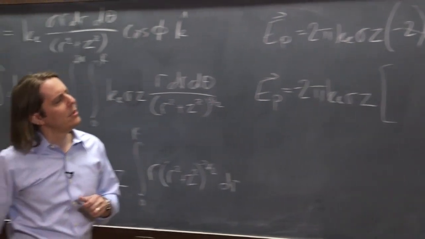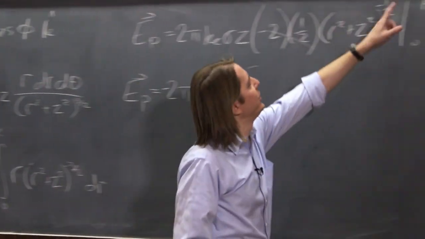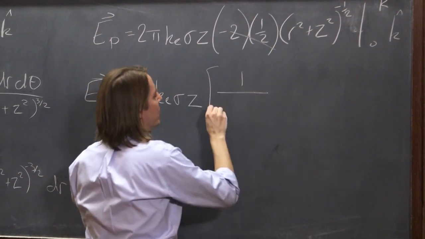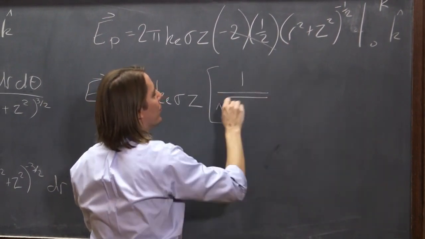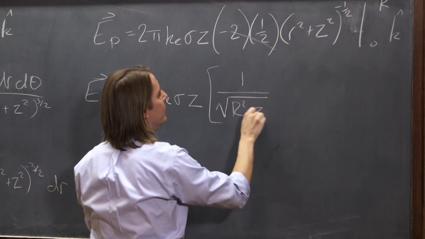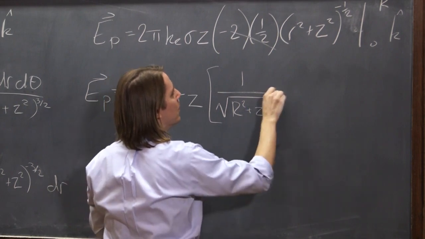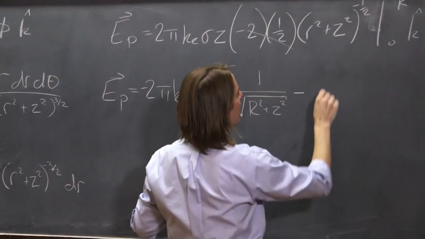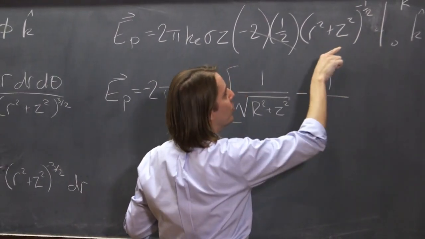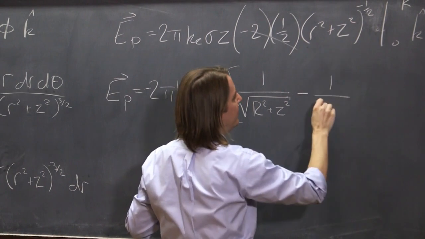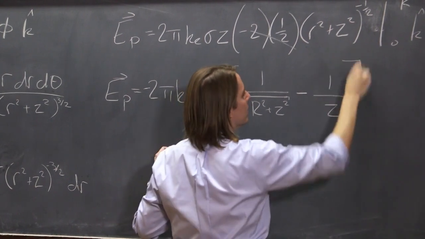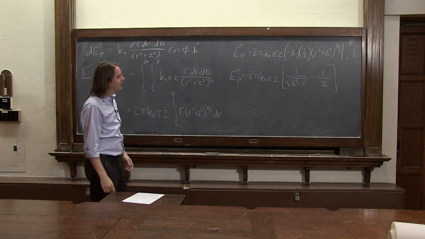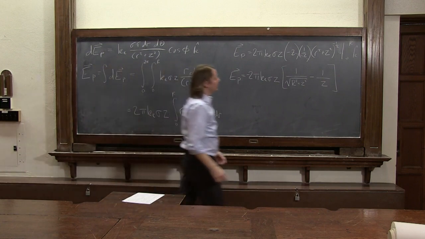And now we plug in big R into the little r. So that becomes 1. I'll go back to quotients now. 1 over the square root of big R squared plus z squared, minus, and now we plug in the 0 for the r, minus 1 over the square root of 0 plus z squared. Oh, that's just z. Once the r goes away, it's just the square root of z squared, so that's just z. In the k-hat direction, because of symmetry.